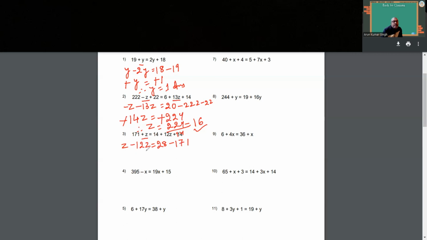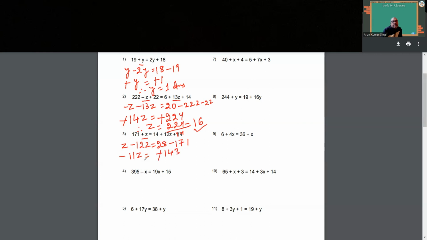So now z minus 12z, it will be minus 11z. So here 171 minus 28 is 143, so minus 143 will be there.